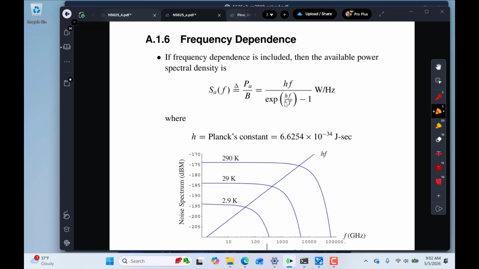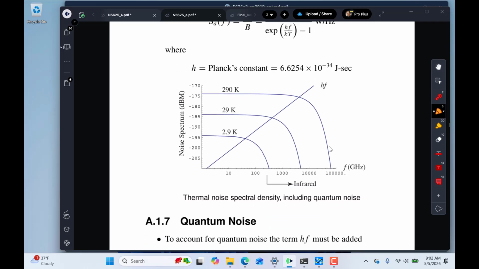So we get Planck's constant involved, and so we have a roll-off of the noise spectrum, but it's flat to very, very high frequencies. Infrared is right in here. Millimeter waves that we use, like 30, 40 gigahertz, are down in here. So it's still very, very flat unless you're at a very cold temperature.